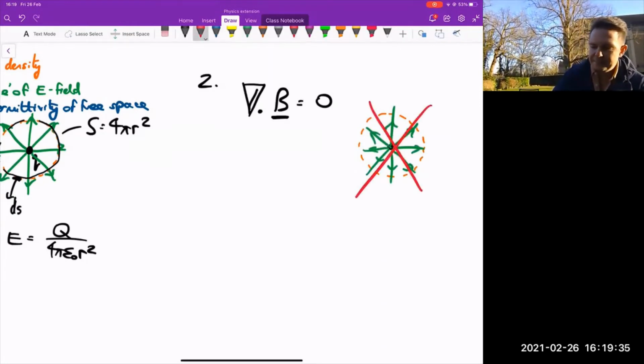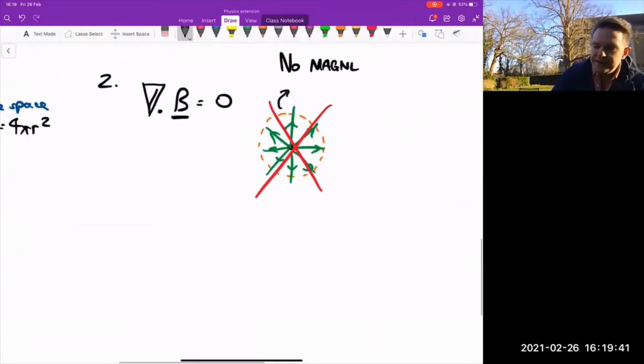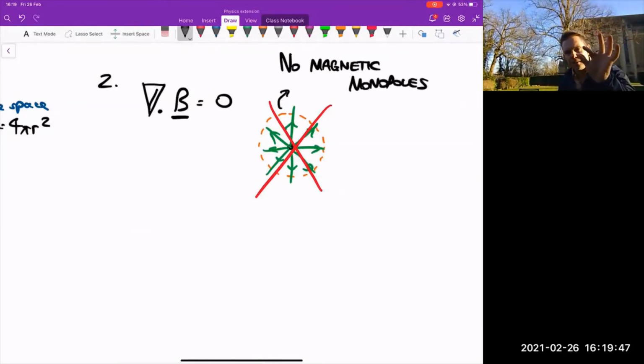That's got a name. Well, it's not called this, but the concept of no magnetic monopoles existing. You can't have an isolated north pole, which produces magnetic field, and you can't have an isolated south pole, which produces field lines, because you'd be able to draw a surface around the north pole and then get this situation. So this equation basically is the same thing as that.